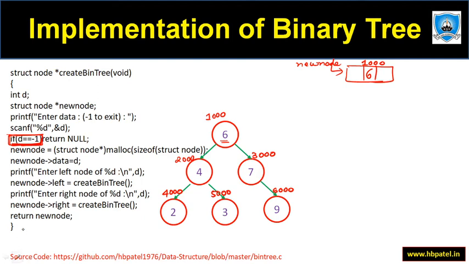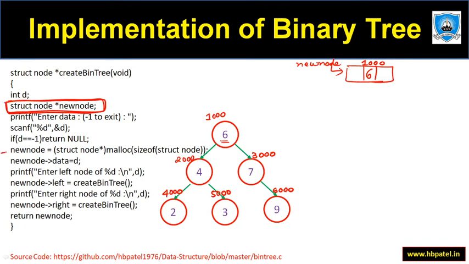I'm not entering -1 right now, so I will continue further. New node has been created. I just made a mistake over here. I did not create the new node, I just created a pointer.